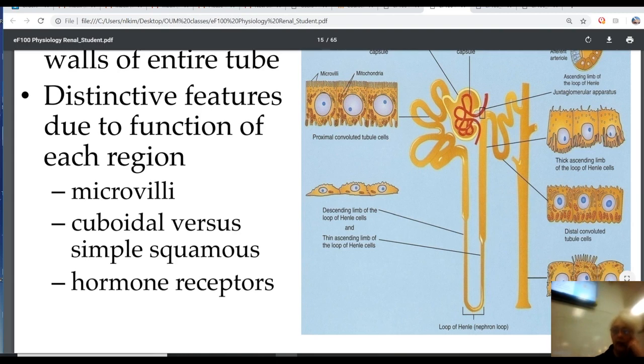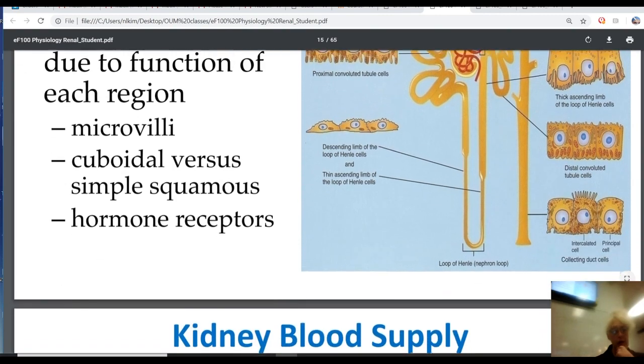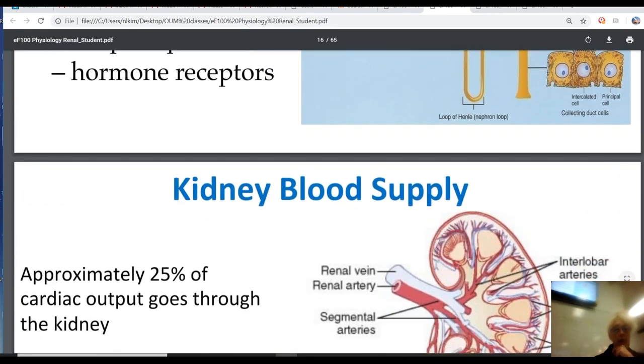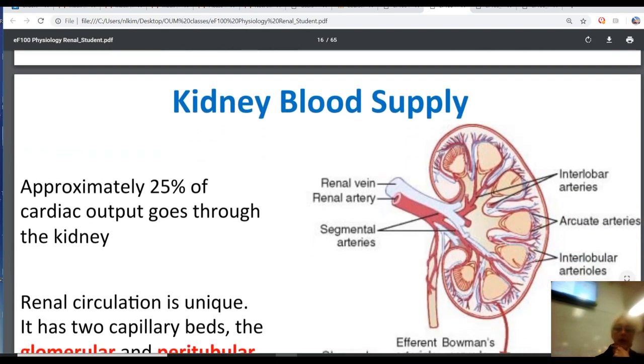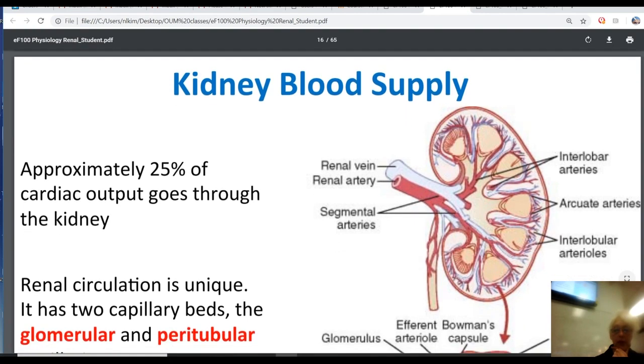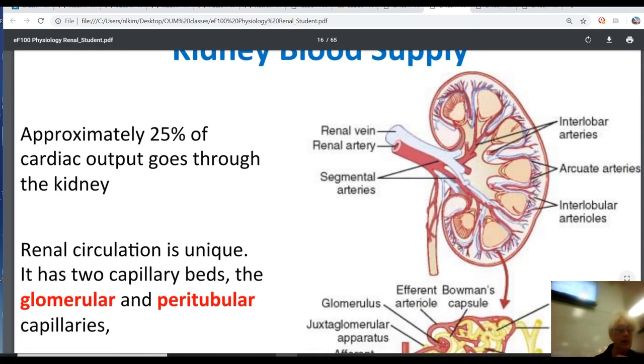And what we have here is a very intricate network of a structure that is able to secrete, absorb, filter, and help produce necessary hormones to control blood pressure and calcium.